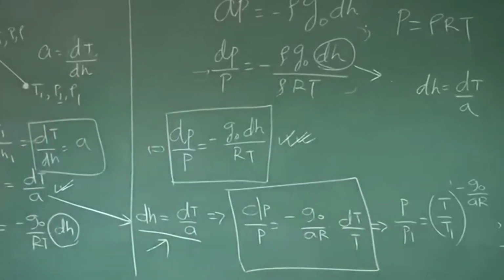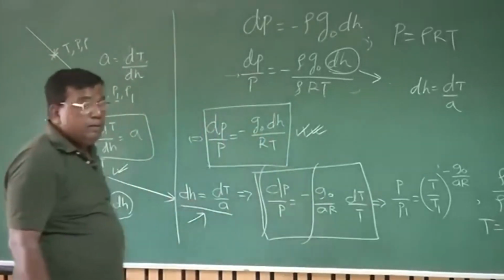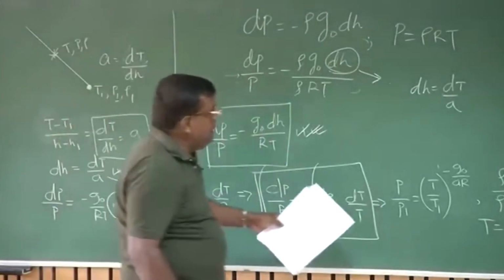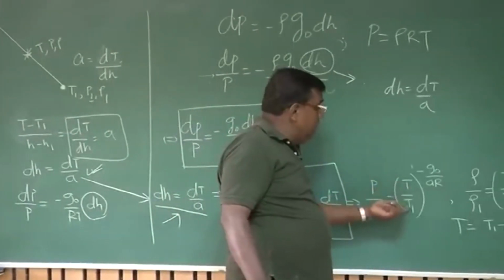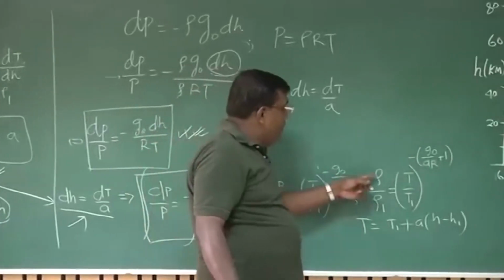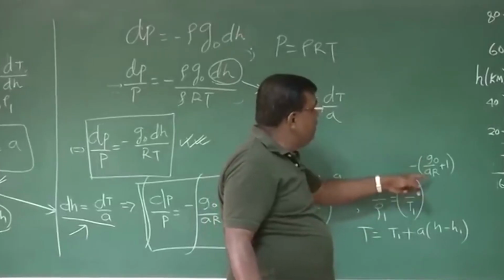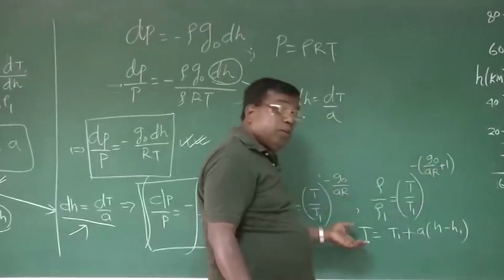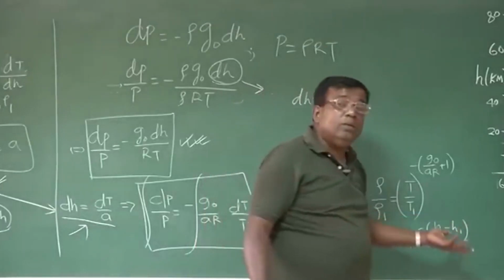I can integrate both sides, and I know g0 is constant, so I can write p by p1 is equal to T by T1 to the power minus g0 by AR, and similarly rho by rho 1 is equal to T by T1 to the power minus g0 by AR plus 1, and of course we know T is T1 plus A into h minus h1 through the lapse rate.